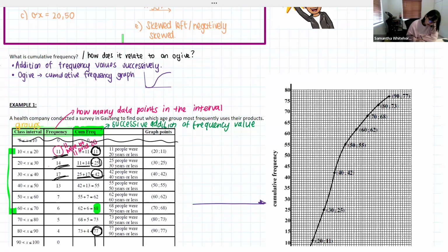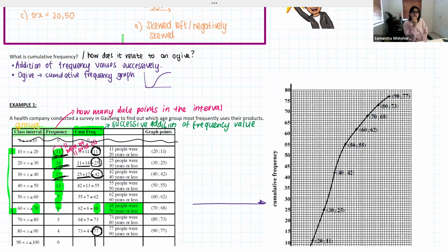And so what that means is that 68 people were 70 years old or less. Why? Because 70 is the upper limit of the last interval I added. And that 68 includes all of these frequencies from all of my previous intervals. So it's telling me that 68 people were less than 70 years old, including 70, but basically less than.